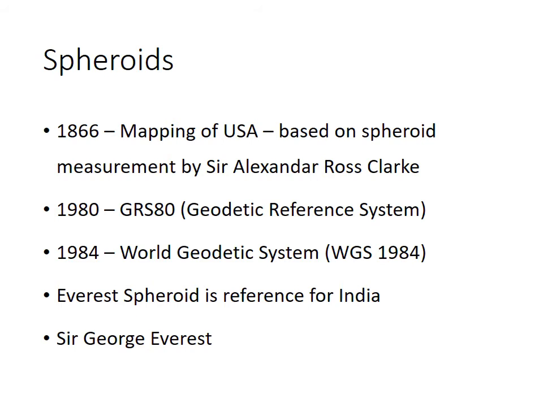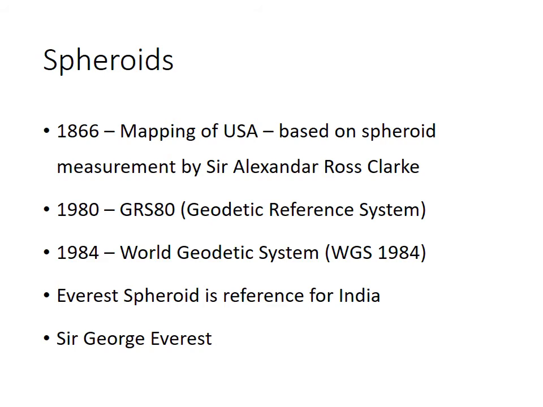In 1866, the mapping of the United States was based on the spheroid measurement by Sir Alexander Ross Clarke, done on the basis of data collected from Europe, Russia, India, South Africa and Peru, and the estimation of the spheroid allows calculation of the elevation of every point on the earth including the sea level.